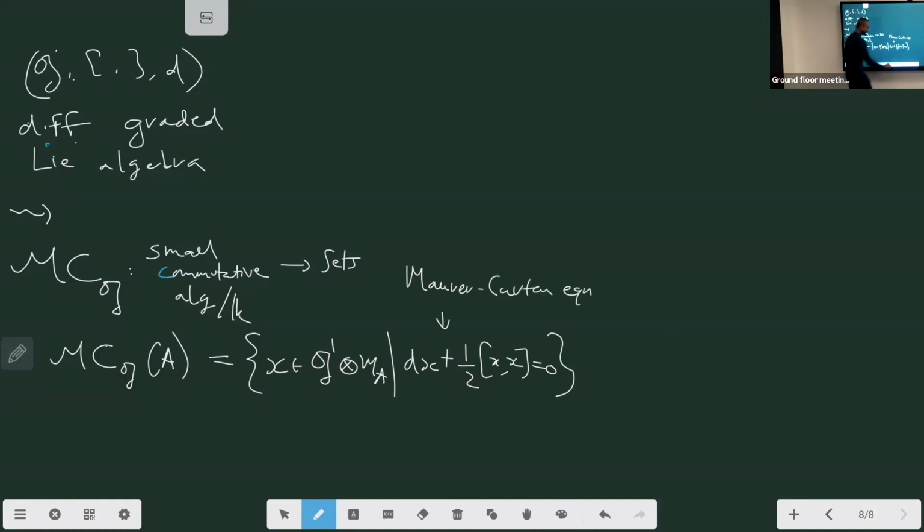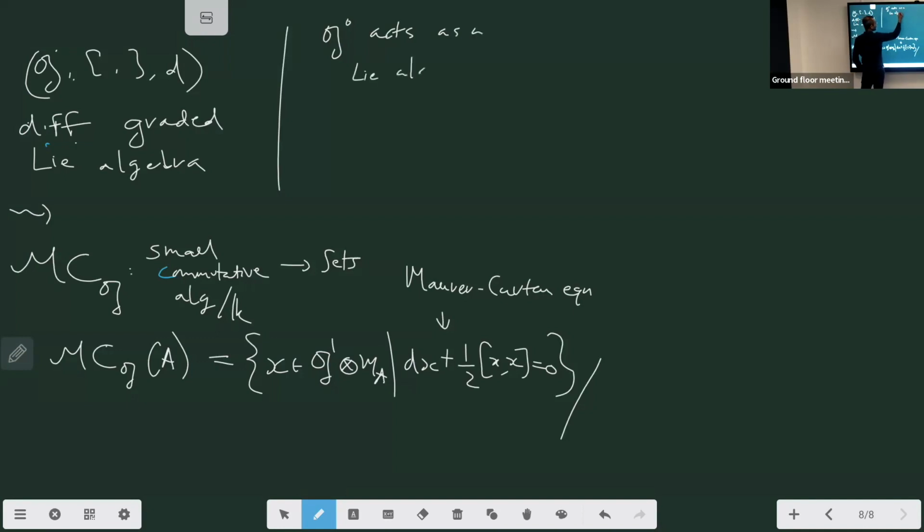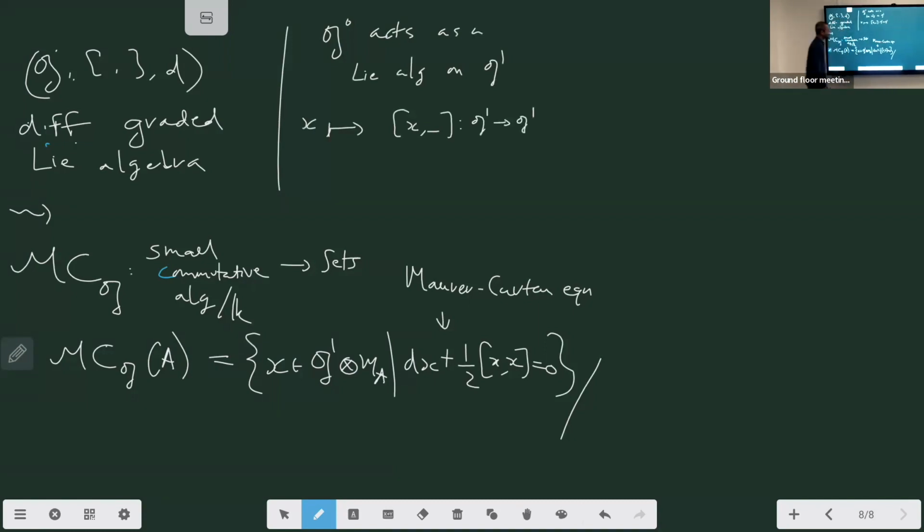Modulo some group. So what is this group? Well, note that G_0 acts as a Lie algebra on G_1 by x goes to the bracket with x, from G_1 to G_1.